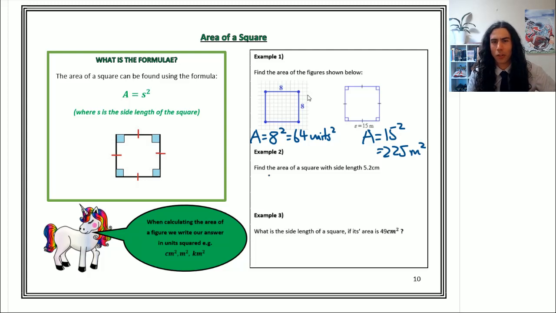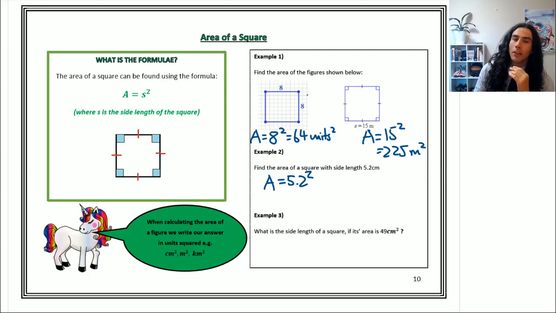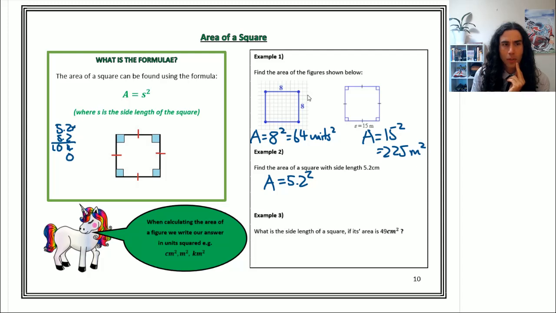This one, 5.2 squared. So the side length is 5.2. Mental challenge: if it was just 5 squared, it'd be about 25. So it's going to be a bit more than 25. Normally, use your calculator. I'm just going to do it on the side here. 5.2 times 5.2. It's 2 lots of 2. We got the 2 lots of that. 10, put in the 0. 5 times 2, put in the 0.